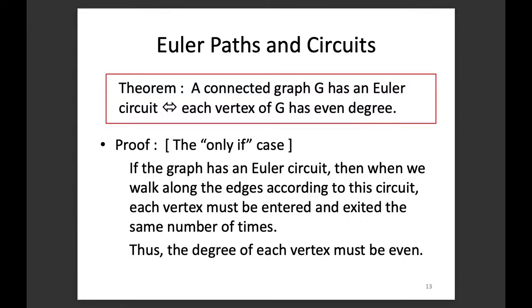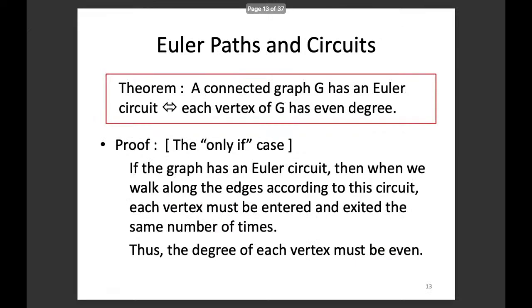But here we focus on whether a graph has an Euler circuit or not. Euler gave this observation: a graph has an Euler circuit if and only if the graph is connected and every vertex has even degree.